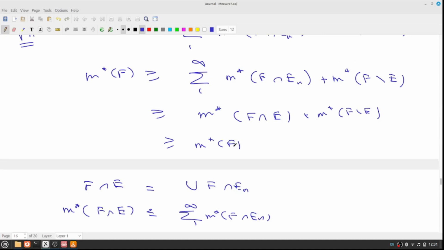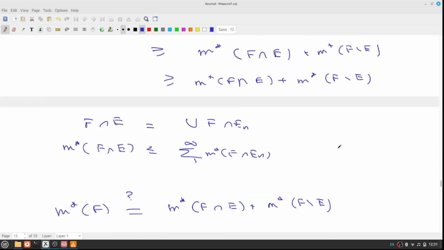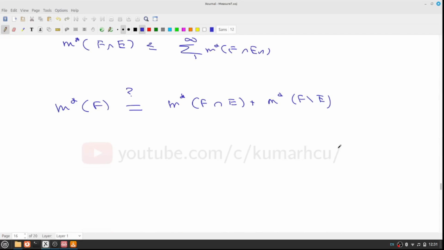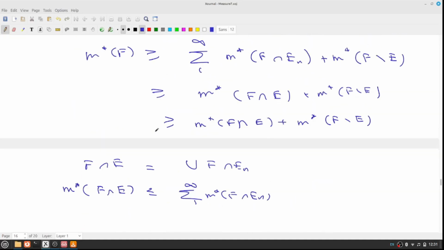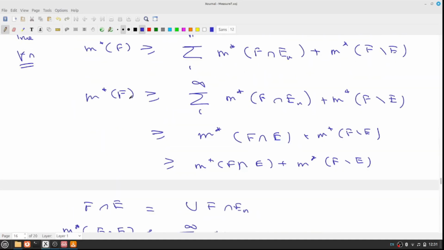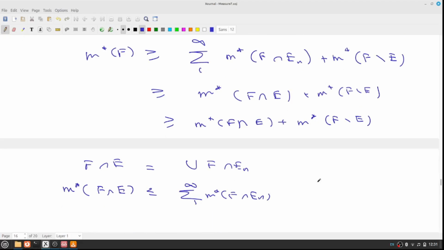So this is m star of F intersection E plus m star of F minus E. We have proved this. Please go through that. M star of F is greater than or equal to this. I have done this, so this is what we have to prove. This proves the measurability of E.